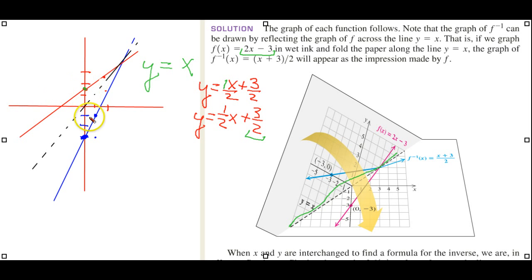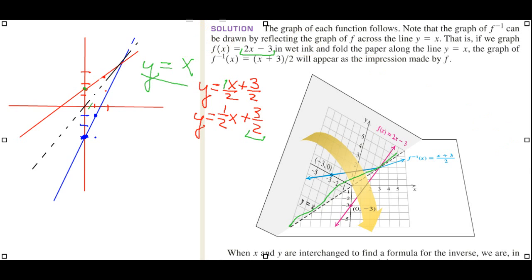So this is called a reflection of our blue line is the red line. And that's the inverse of what we're illustrating here. And how did we do it? Well, we did the first line. And our line of symmetry is y equals x, which is this black dotted line, which they're showing you there. And then if you fold it along that black dotted line, and if this were like wet ink, it would actually make this line up here. So this is a reflection.